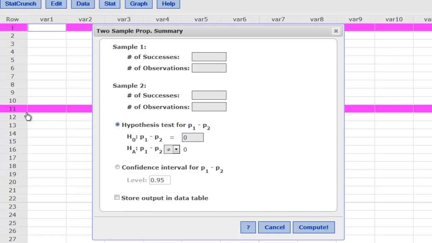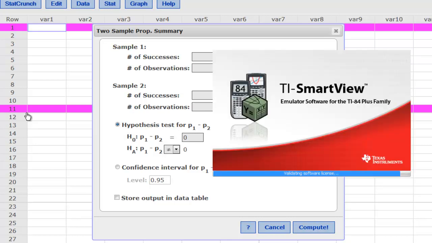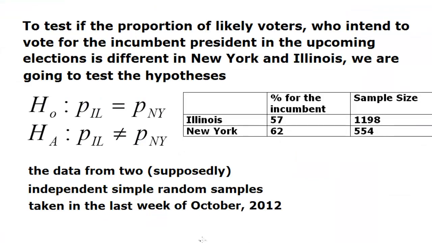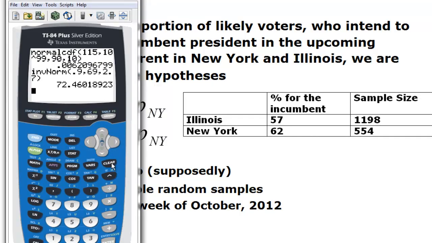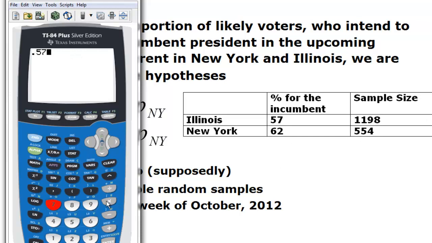So let me pull up my calculator quickly. Okay, so here we go. So what we have here is that this is 57% and this is 62%. So what we would do is see 57% of 1198 is 682.86.